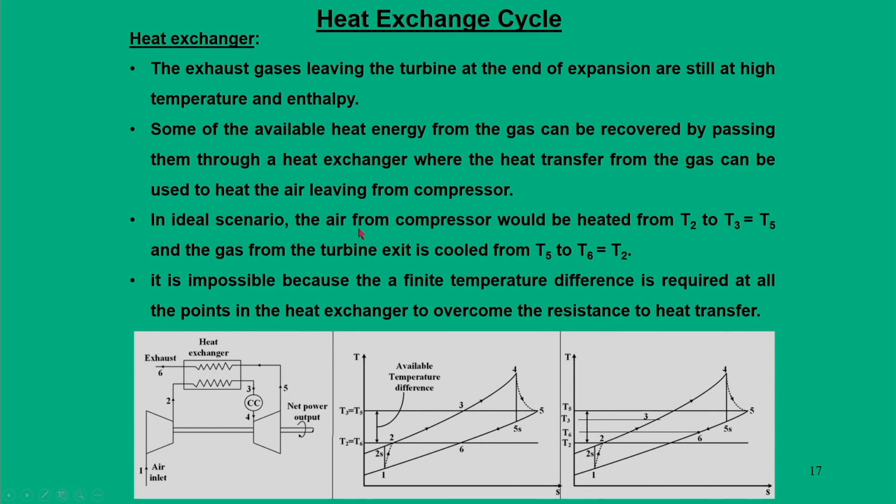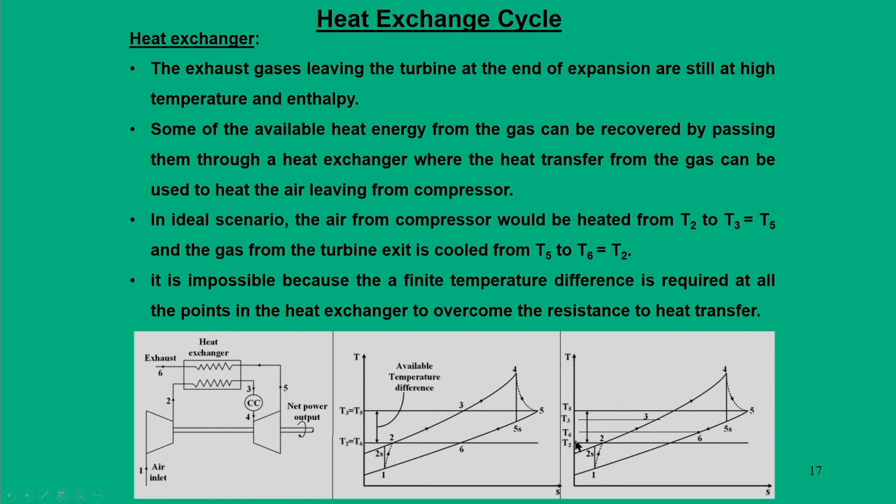So, in an ideal scenario, the air from the compressor would be heated from T2 to T3, which can be a maximum of T5, and gas from the turbine exit is cooled from T5 to T6, which as an upper limit could be T2. If you look at this figure, this is an ideal scenario, and the available temperature difference is T3 minus T2 or T5 minus T6.